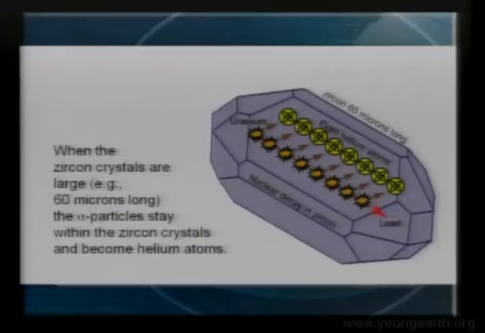And you're all familiar with Russ Humphrey's work on helium within zircons. The helium has come from the alpha particles produced by uranium decay. Alpha particles are the same as the nuclei of helium atoms, without the electrons orbiting them.